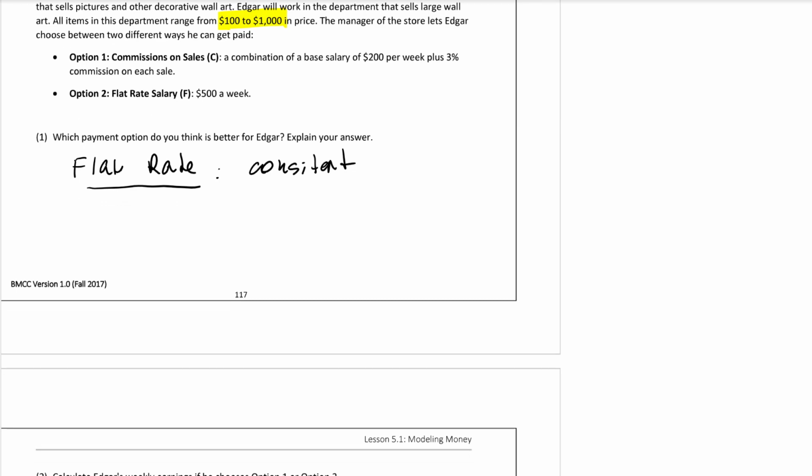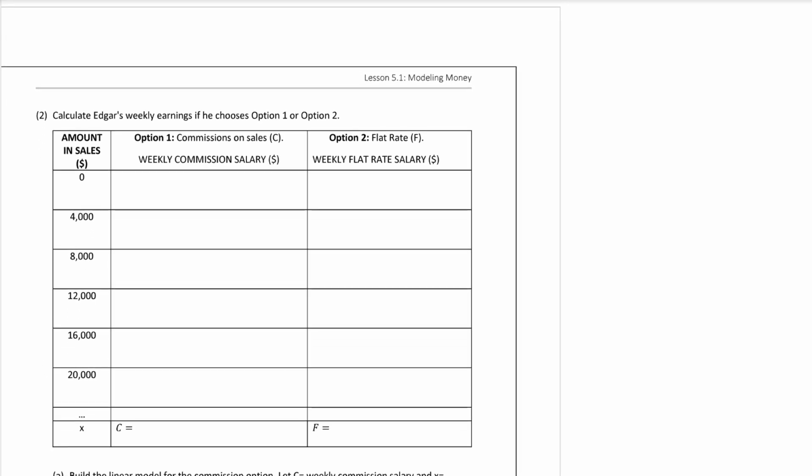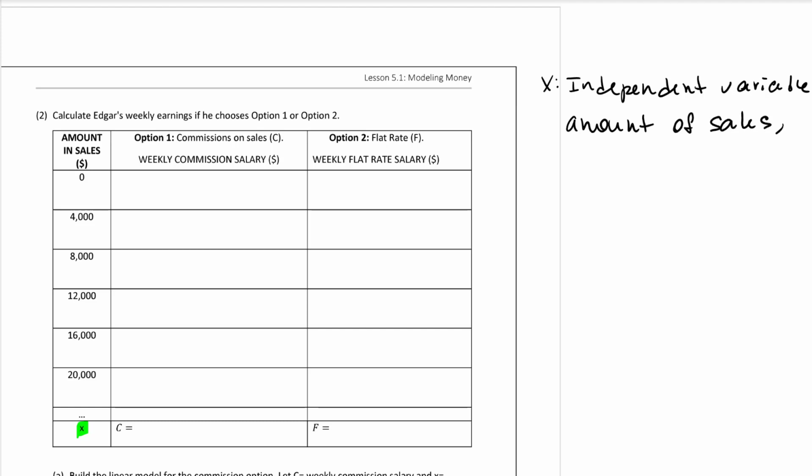what we call models. All right, so look at this table right here. On the left side, the first column, the x, we call this the independent variable, which is the amount of sales in dollars that Edgar sells.